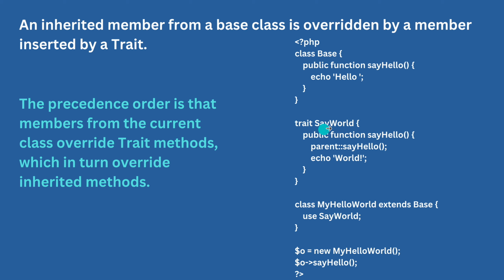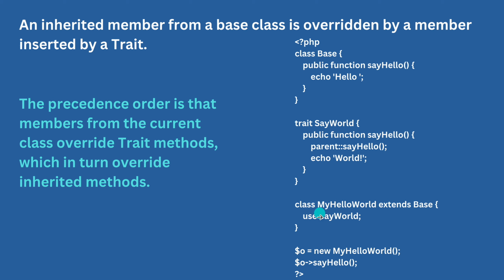Then I have written a trait SayWorld, and I have defined this method public function sayHello, and in this method I have written that whenever this is used, it will also call parent sayHello, right? So what happened? I have written my HelloWorld, a new class I have used, and what have I extended? Base.